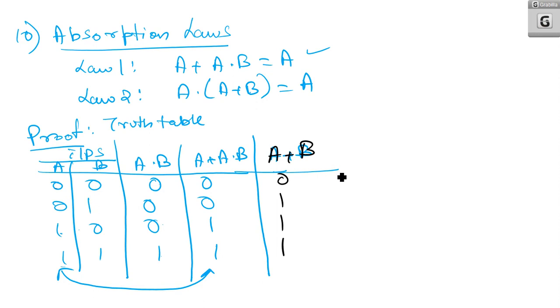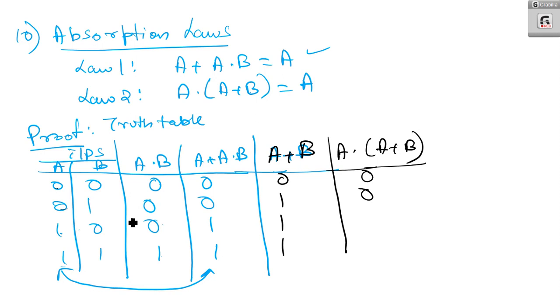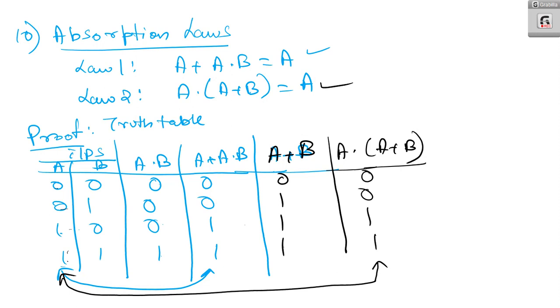Now last step I should go for A and A or B. What is A and A or B? 0 and 0, 0. 0 and 1, 0. 1 and 1, 1. 1 and 1, that is 1. That is also same as the first column. This proves the second law.